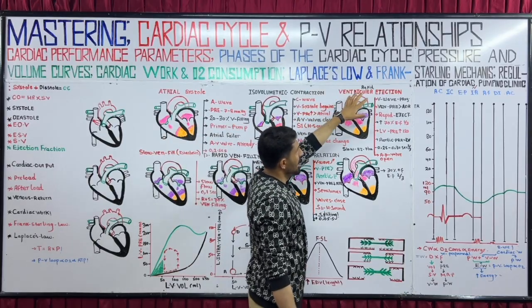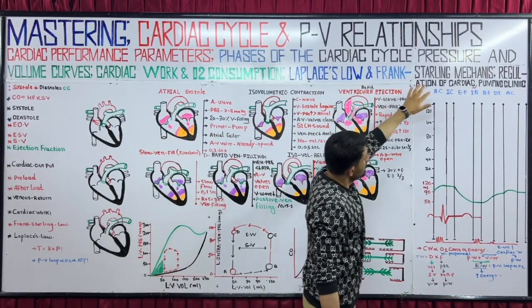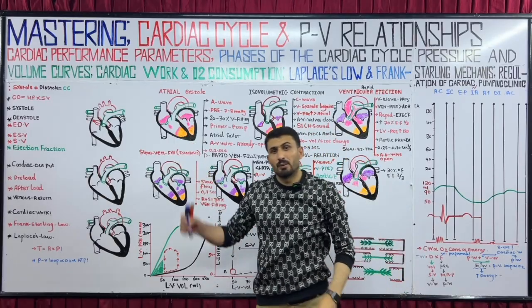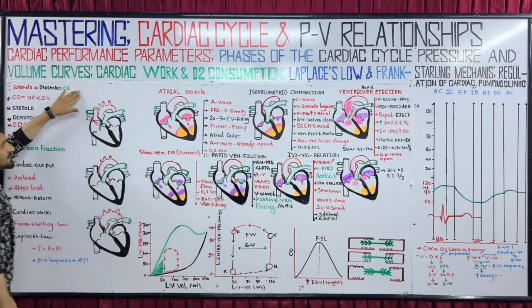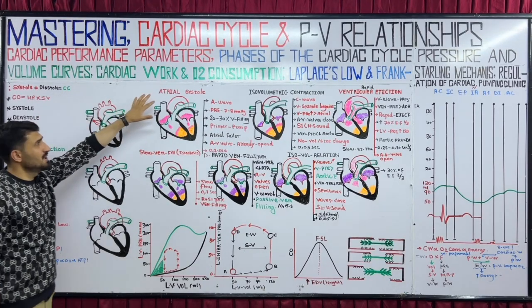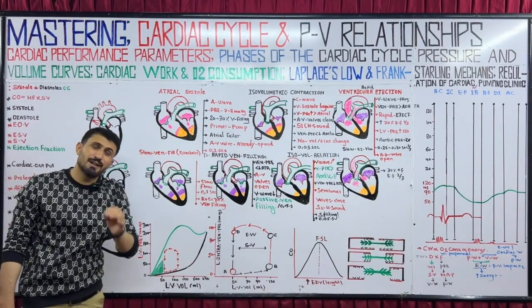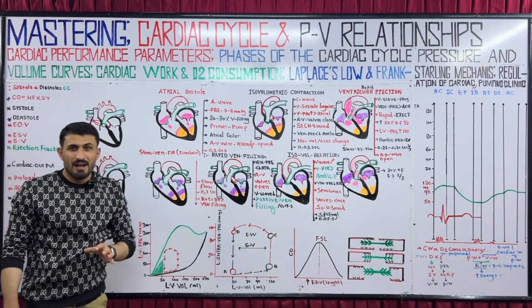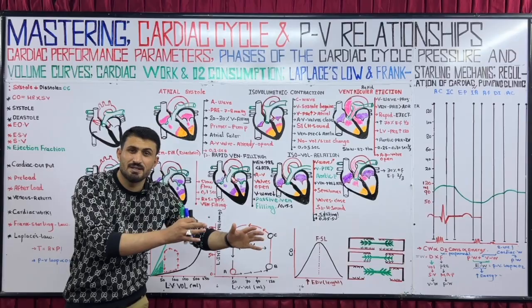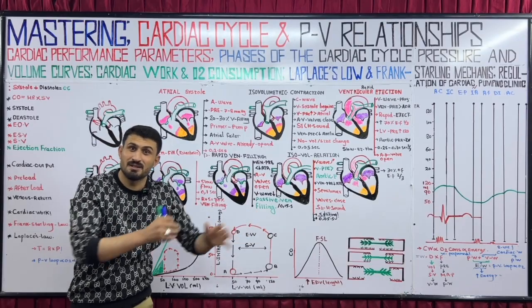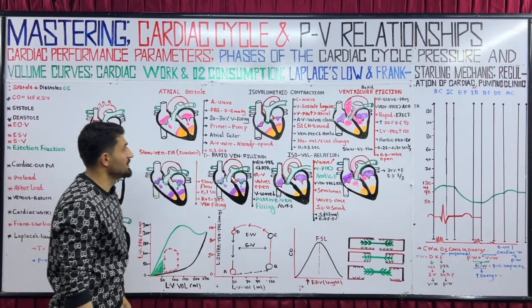Then we will talk about pressure and volume relationships and some curves related to this concept. Then we will talk about cardiac work, because cardiac work is so important. Cardiac work is directly proportional to the oxygen consumption and ATP consumption. We will talk about it, don't worry.